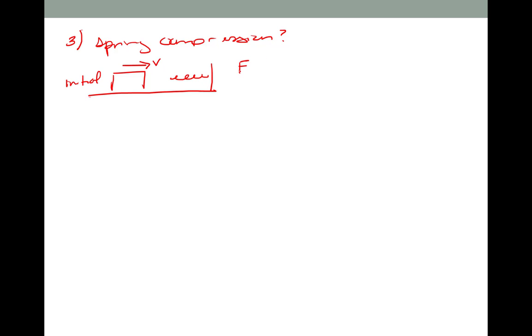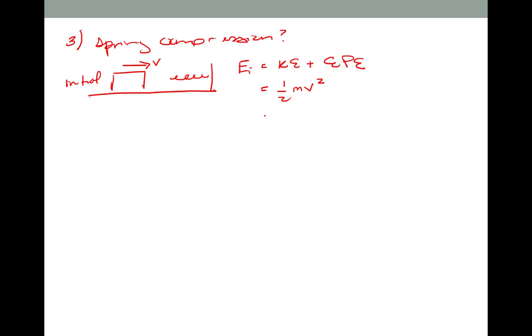So the initial energy could be a combination of KE plus EPE, but the spring here isn't compressed yet. So EPE is 0, and the KE is 1/2 mv squared, where that V is what we found in the previous part of 20 meters per second.